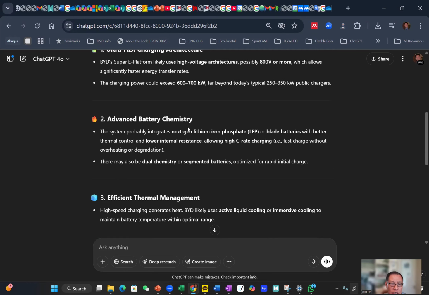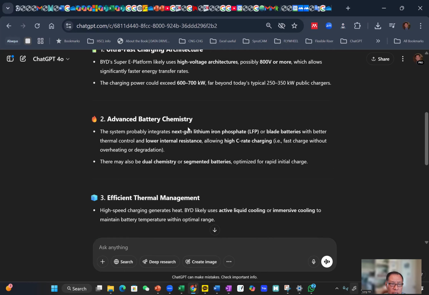And second, advanced battery chemistry. This technology possibly integrates, they said possibly, they are guessing, next generation lithium iron phosphate, LFP, which is very well known, or blade batteries with better thermal control and lower internal resistance, allowing high C-rate charging, fast charge without overheating or degradation.